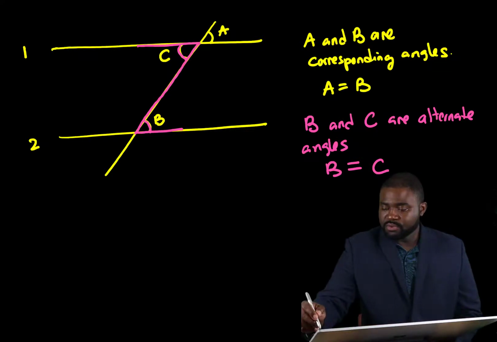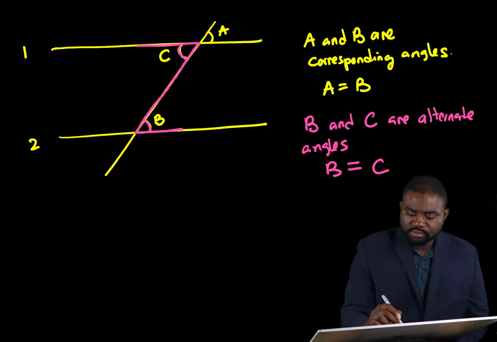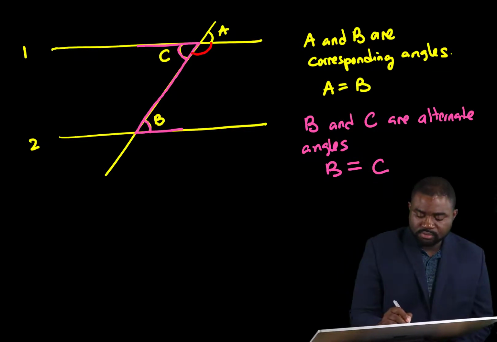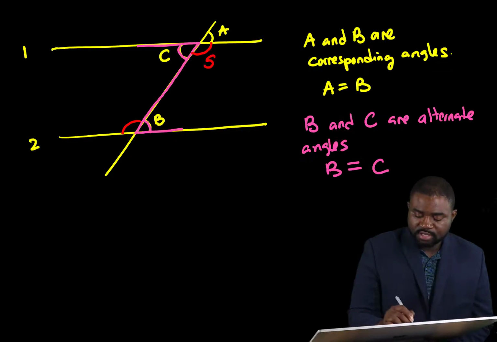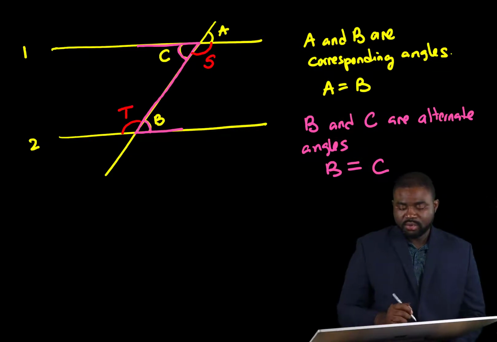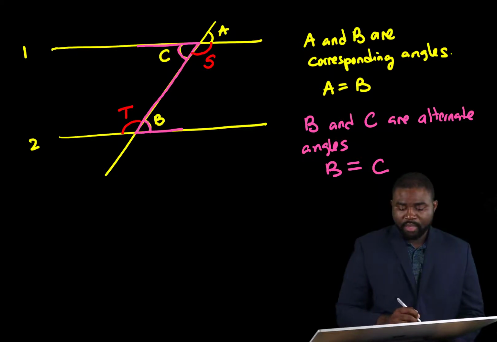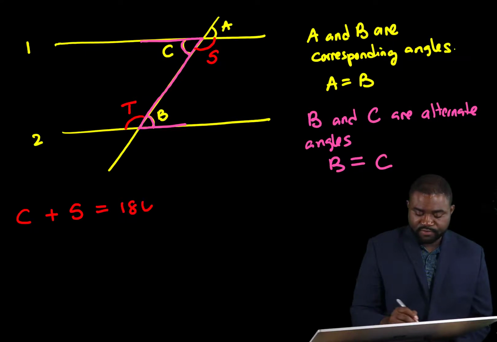If you look at, for example, this angle and this angle, let me say that this angle here is S and this angle here is T. Angles S and T are actually also equal. They are corresponding angles. But the whole thing that you need to take note of is that C plus S is equal to 180 degrees.